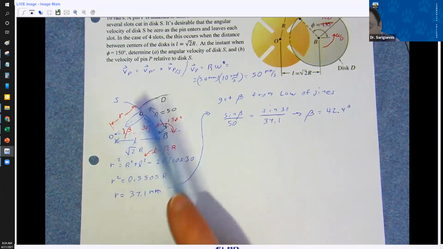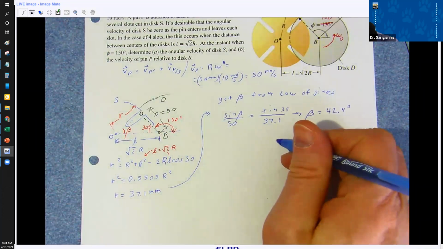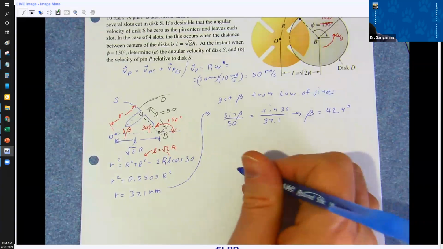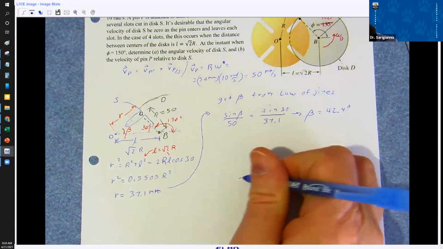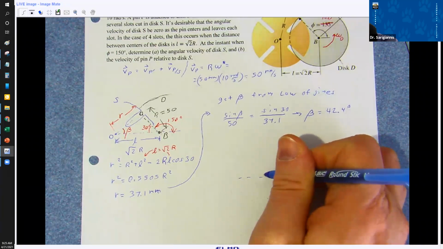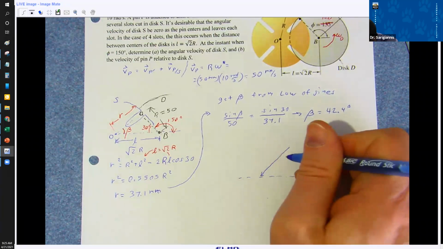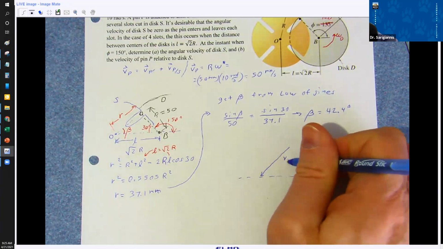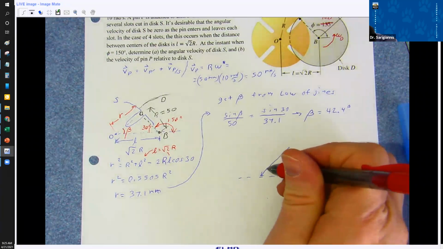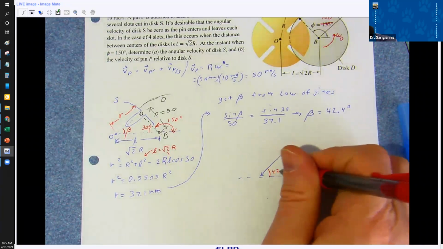So that's VP with respect to S. That's going to be at the 42.4 degrees. So let me draw out an axis here. This is V of P with respect to S, and this is 42.4 degrees.